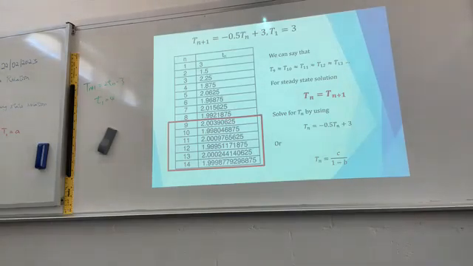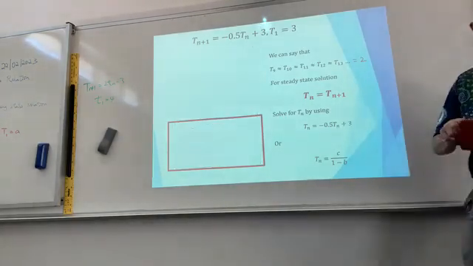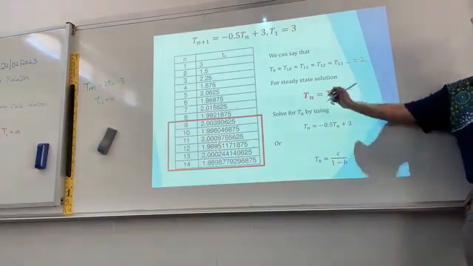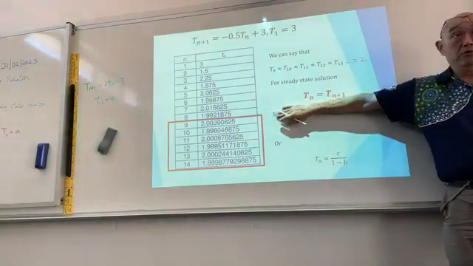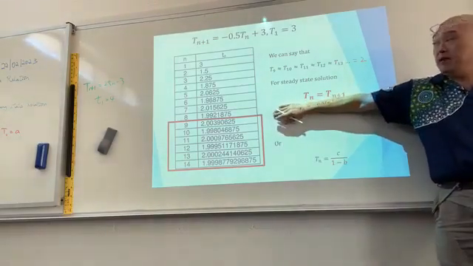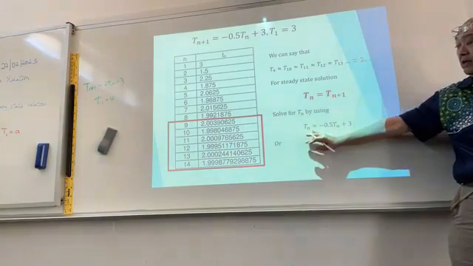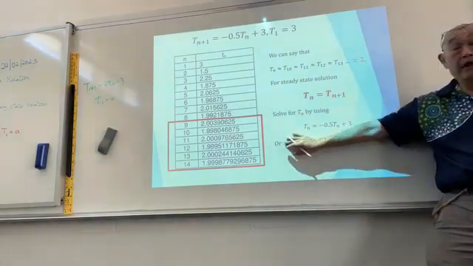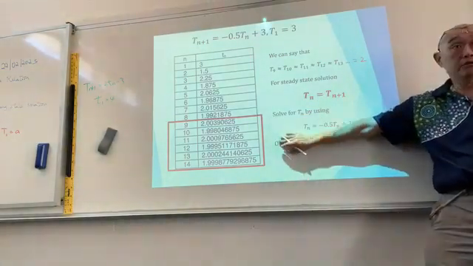So we can say that all these numbers are approximately 2. Therefore, for a steady state solution, Tn equals Tn+1. That is important to know. If you know that Tn equals Tn+1, we can substitute into this to find the long-term steady state solution.